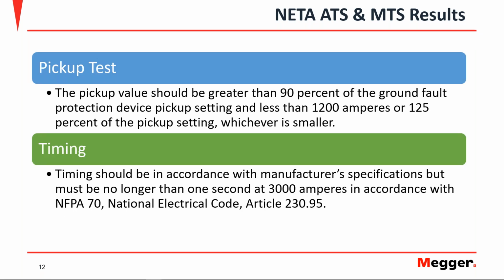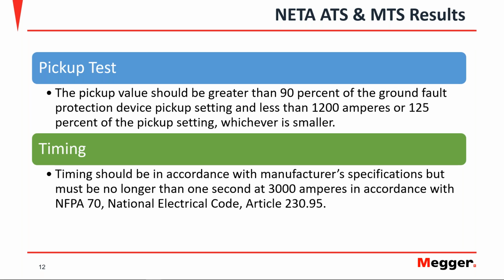Of course, we have the pickup, right? We need to determine the pickup value for this protection element. And again, NETA dictates here that this pickup value should be between 90% up to 125% of the setting, or up to 1200 amps, whichever is smaller, right? Which is really, really important.